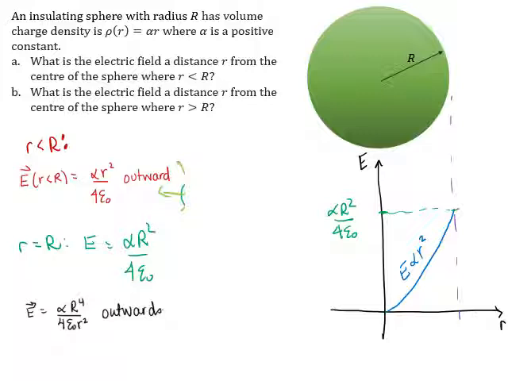And then once we're outside the sphere, our electric field falls off as 1 over r squared. So E goes as 1 over r squared when we're outside. So that's what the plot of electric field as a function of position would look like.